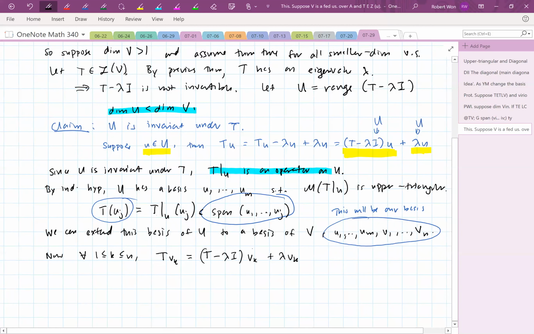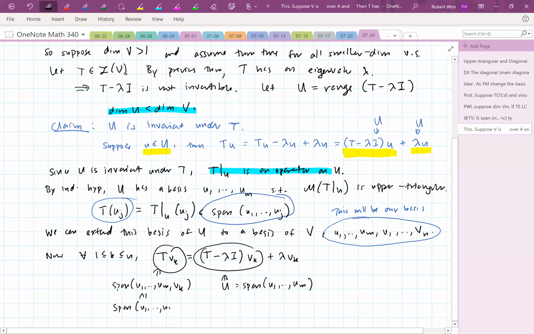Now this first term is in U, which is equal to the span of the u's, plus a scalar multiple of vk, which means this is in the span of the u's and vk, which means it's also in the span of the u's and the first k v's.